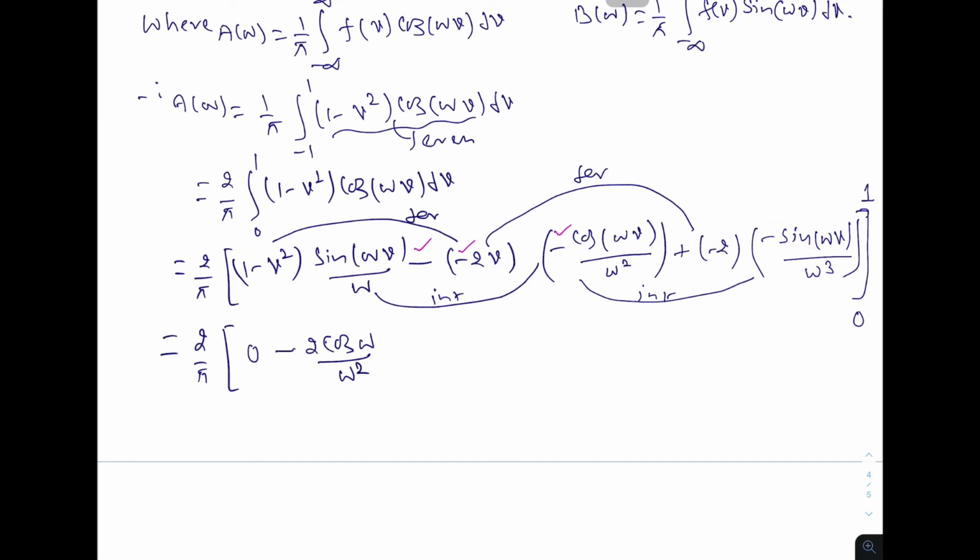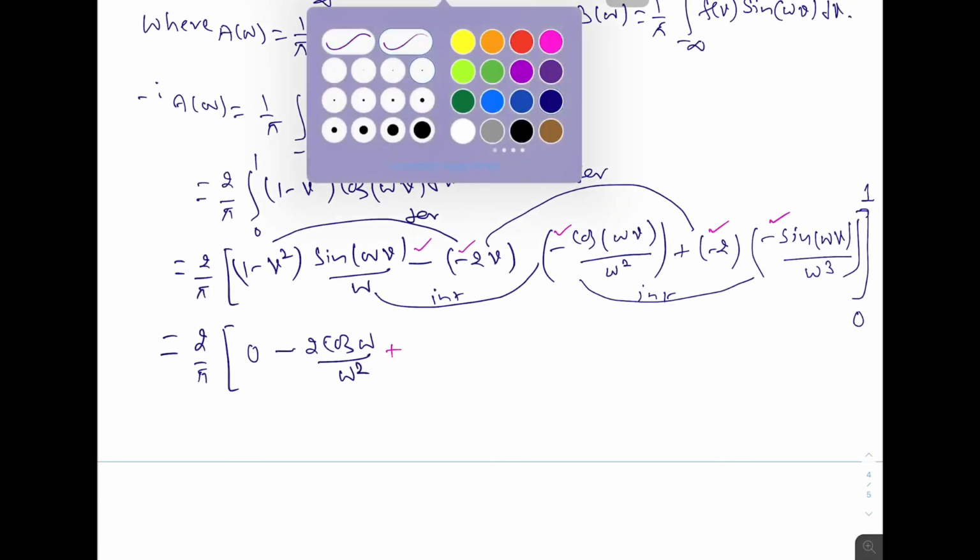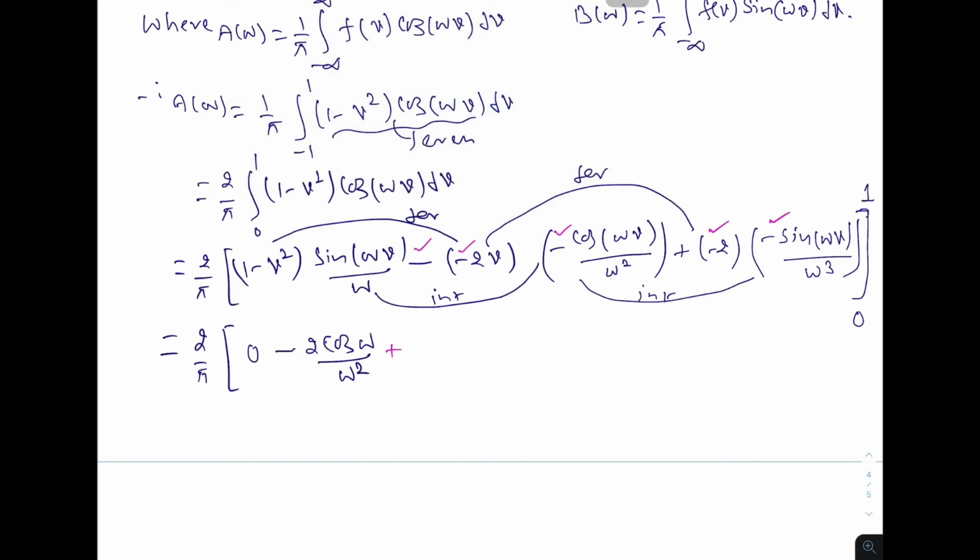So 2 minus signs, so that will be plus, and v is 1, so this is 2 sine omega over omega cube.